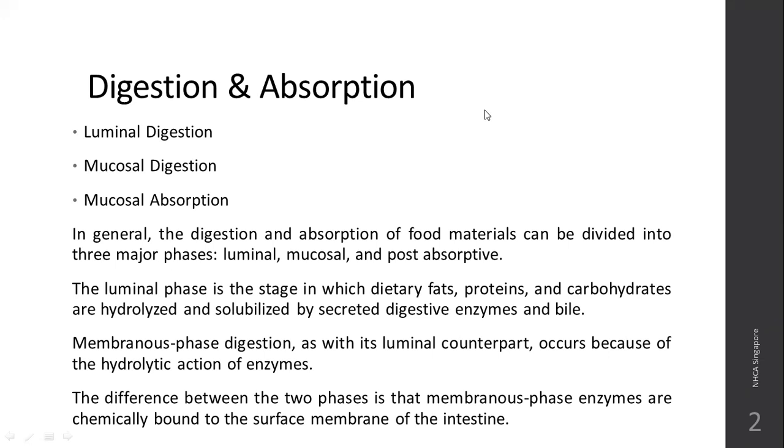That part is called the luminal phase, the stage where the dietary fats, proteins, and carbohydrates get hydrolyzed with the help of enzymes and bile. After that comes mucosal digestion and mucosal absorption. In mucosal digestion, enzymes are present, but these enzymes are not flowing with the food. The enzymes are bound to the membrane of the intestine.